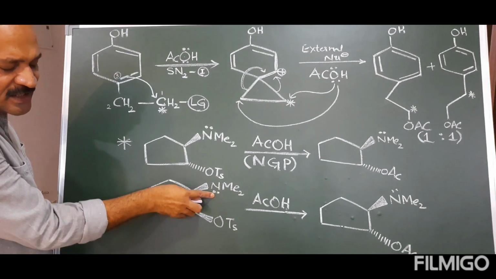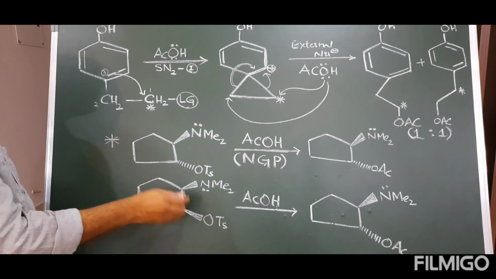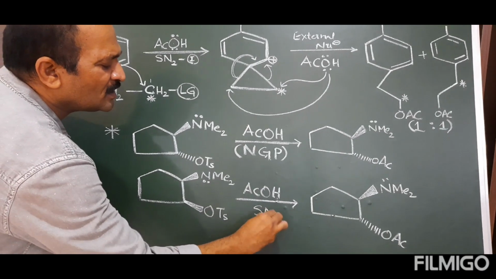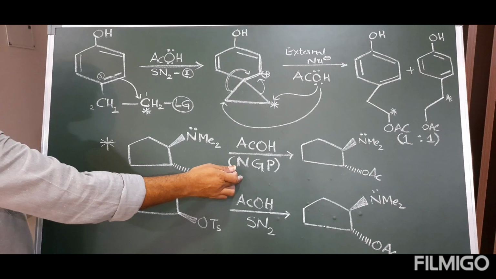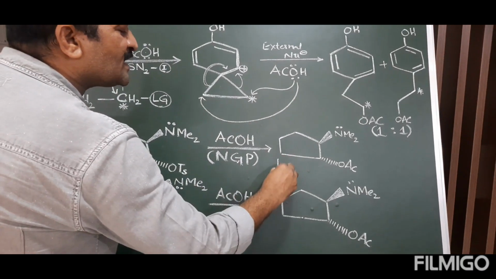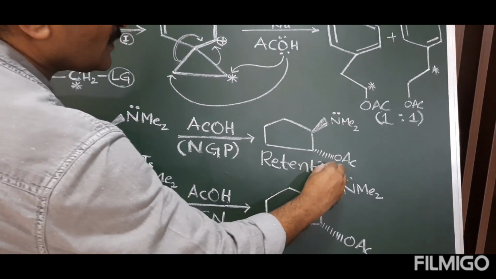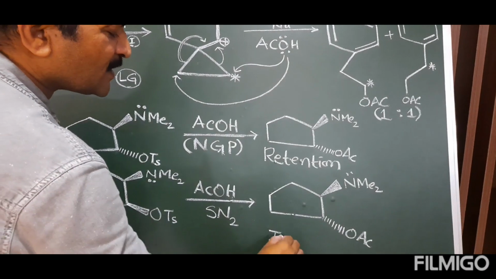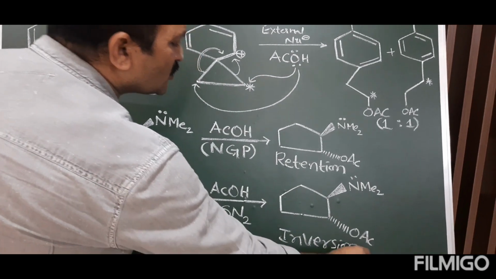Here this is the neighboring group, this is the leaving group, both present on the same side. NGP is not possible. Then if NGP is not possible, it will choose the SN2 mechanism. If it chooses the NGP mechanism, the configuration is retained. So retention takes place. Here it chooses the SN2 mechanism, so inversion takes place. So students must observe all these points keenly.